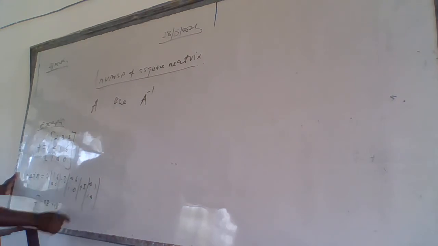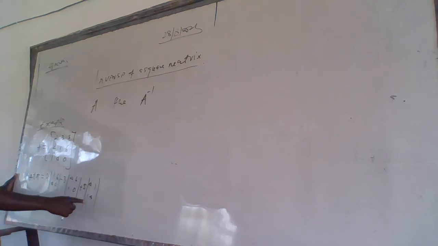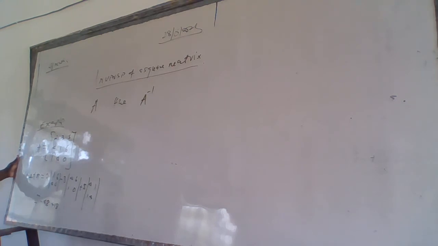Then 4 times 4 is 16, 16 minus 1 times 1 is 15, and 15 times 5 is 75. So when you add negative 48 plus 18 plus 75, you have 45. So that is the determinant.